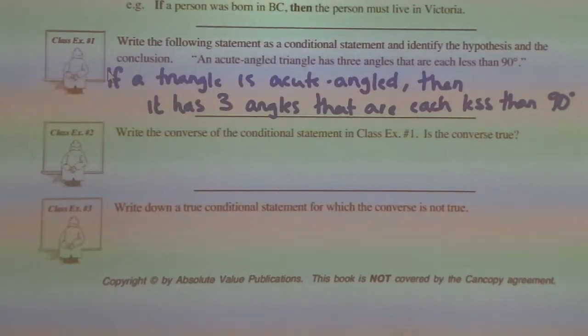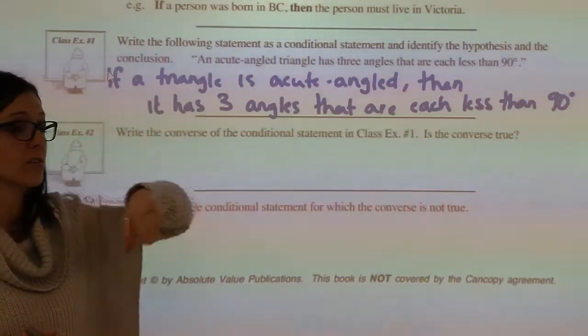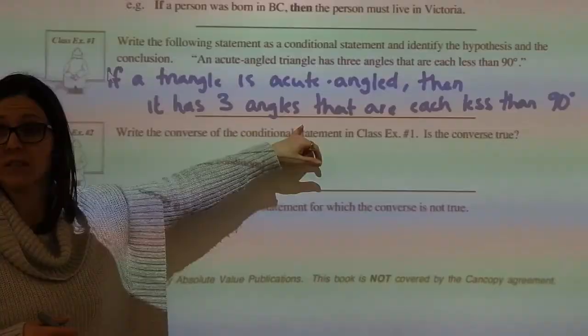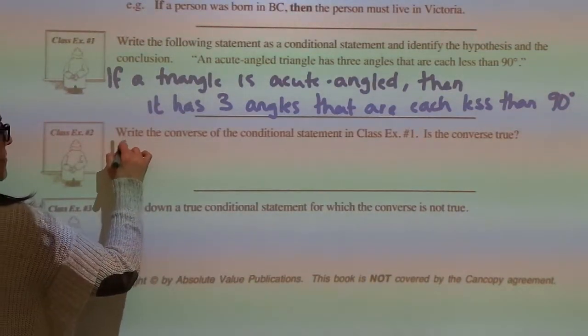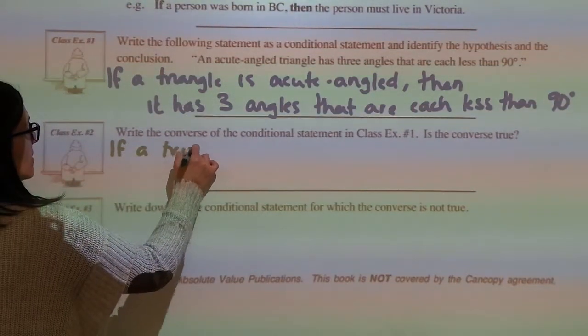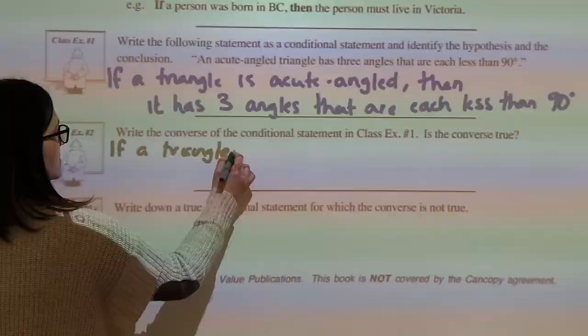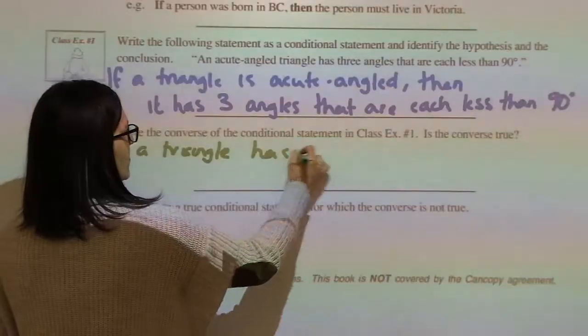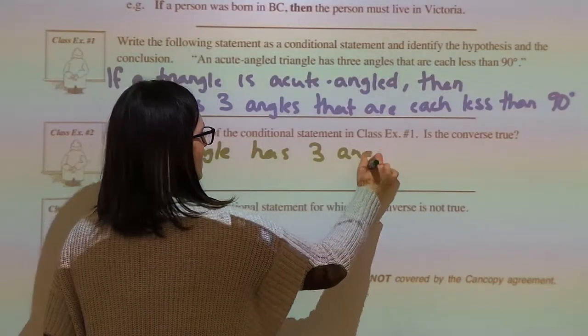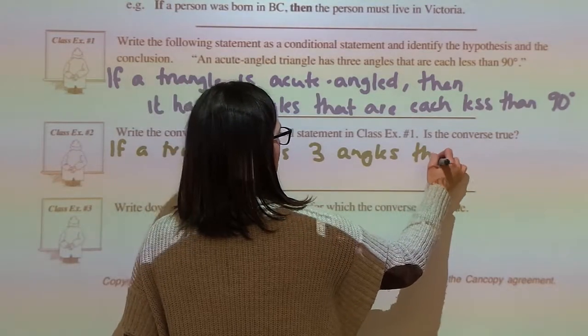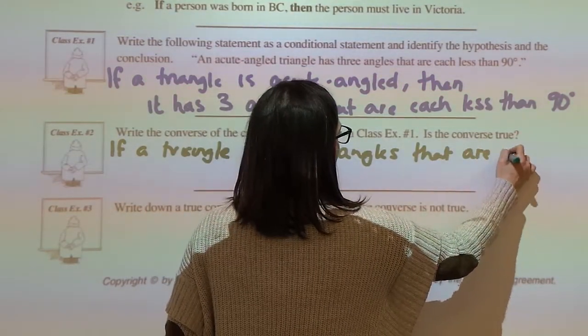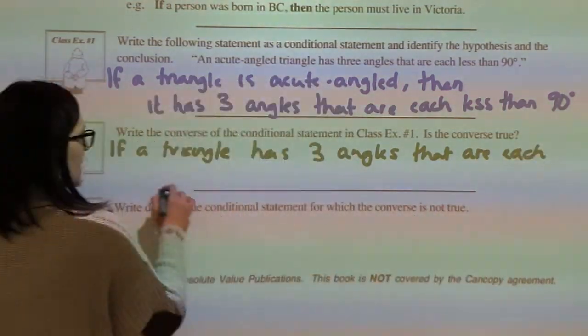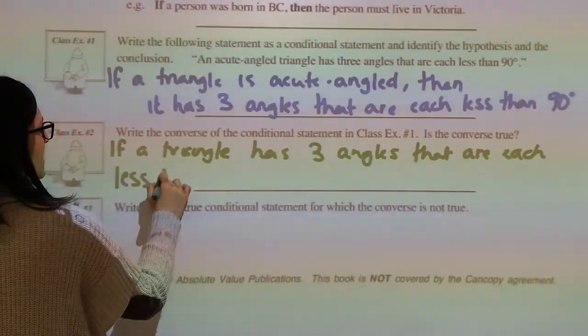So now if I write the converse of it, the converse means just switch them around. So instead of starting with if a triangle is acute angled, start with the second statement.